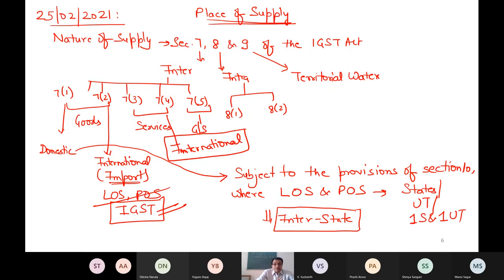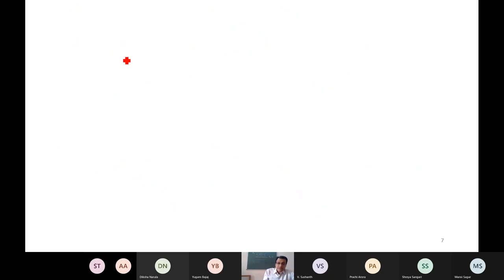But in case of domestic supply, it helps, because until and unless you know the place of supply, as per section 10 of the IGST Act, you cannot decide whether this supply is inter or intra. So I can say that the relevance of place of supply can be judged through two points.